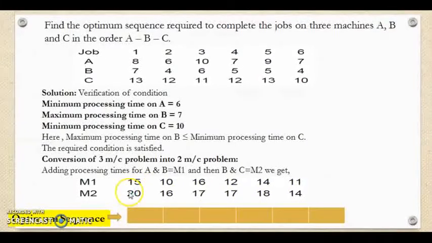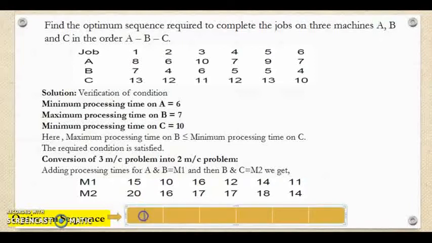So here, friends, now let us make the optimum sequence. Now if you look here, in the processing times of the 2 machines, the minimum processing time is 10. So it lies on machine M1 and it is for job number 2. As it lies on machine 1, it should be sequenced first.